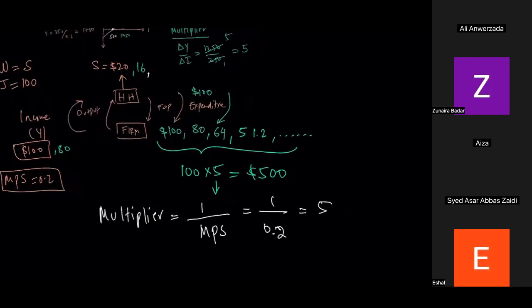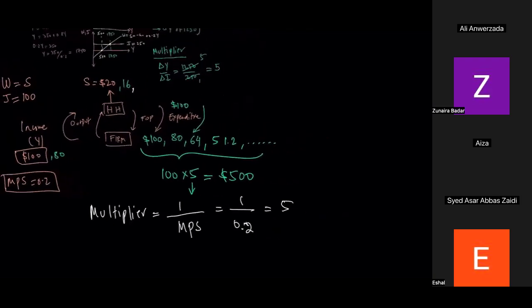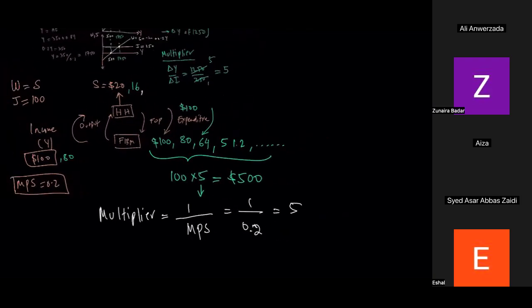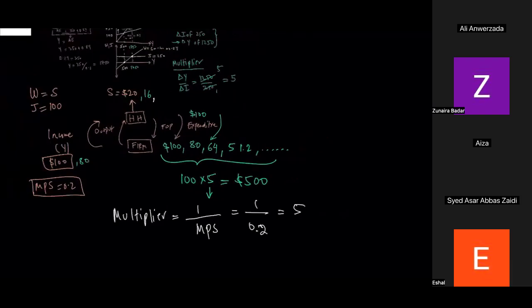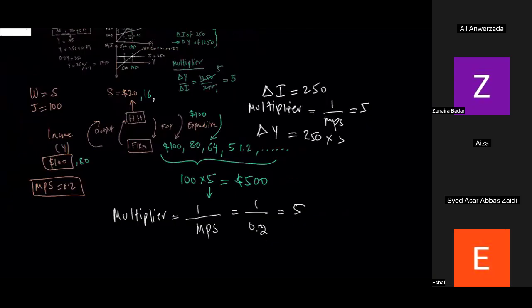Now, guys, this would mean if, for example, change in I was 250 and your multiplier we just found out is equal to 1 over MPS, or 1 over 0.2, which is equal to 5, right? Then your change in Y will be 250 times 5, or 1250.